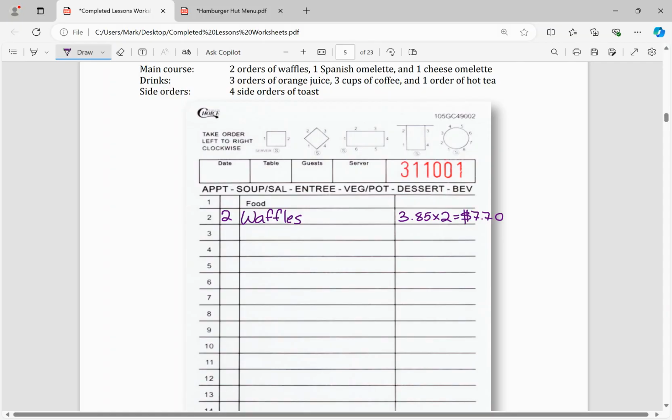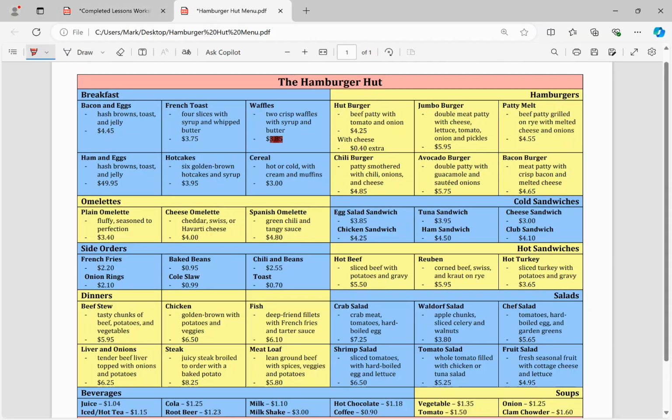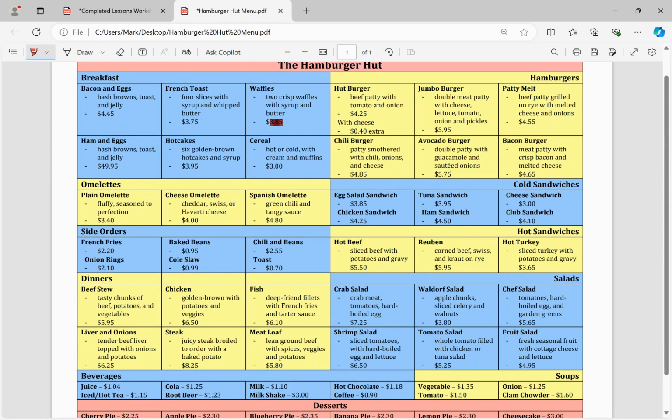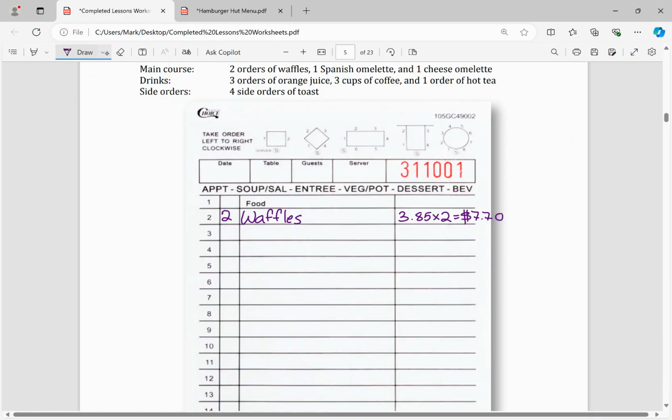Now, we are going to complete this for each of the items. Next is 1 Spanish omelet. Okay, here are the omelets in the second row. A Spanish omelet is $4.80. So, $4.80, that is a Spanish omelet.